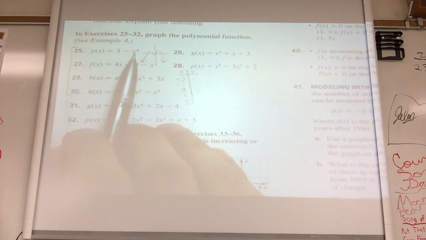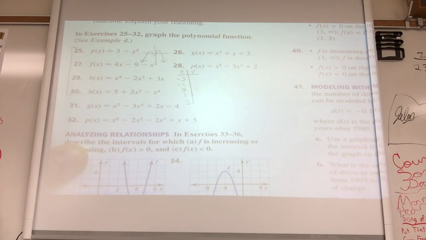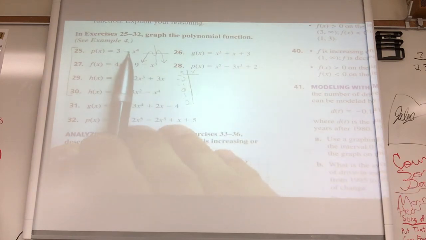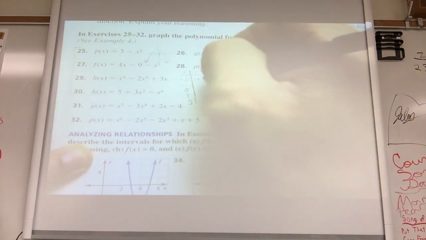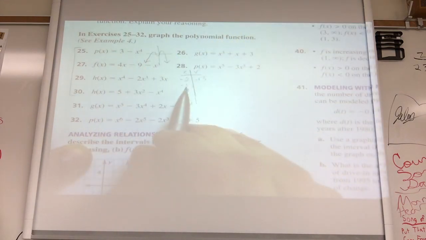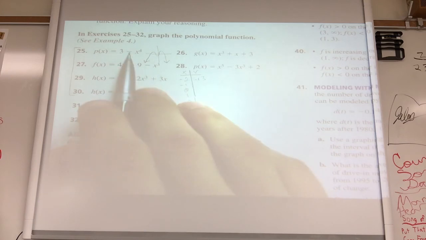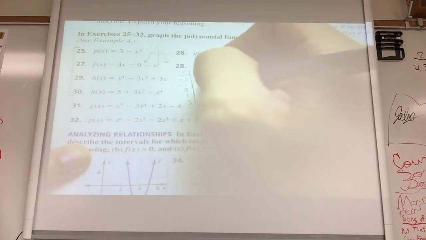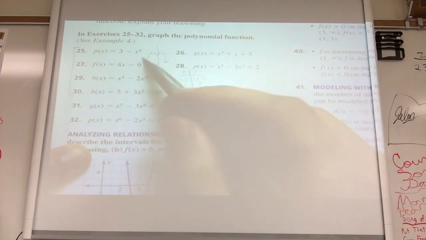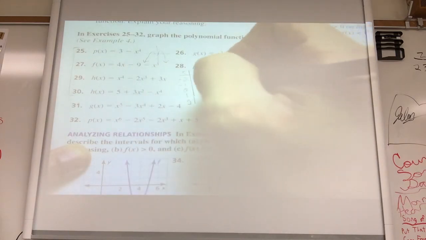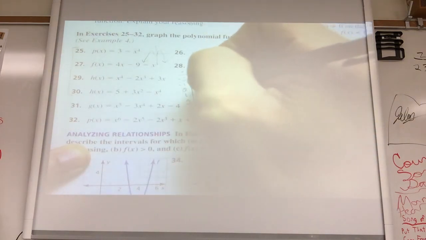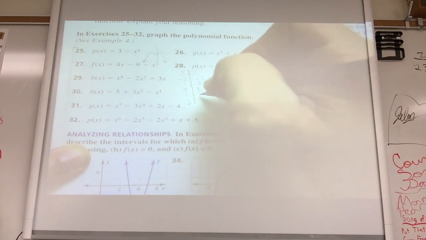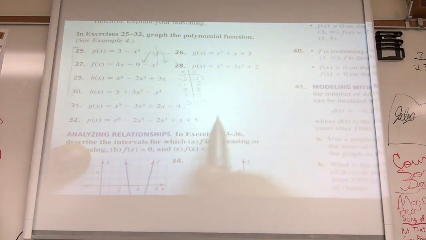We've got -2 to the 4th power. -2 to the 4th power is 16, and that's a minus 16. So 3 minus 16 is going to be -13. -1 to the 4th power is 1, and then it's a minus 1, so it's 3 minus 1 is 2. 0 to the 4th power is 0. 3 minus 0 is 3. And again, it repeats itself now. 2 and -13. And it's going to want you to graph that.